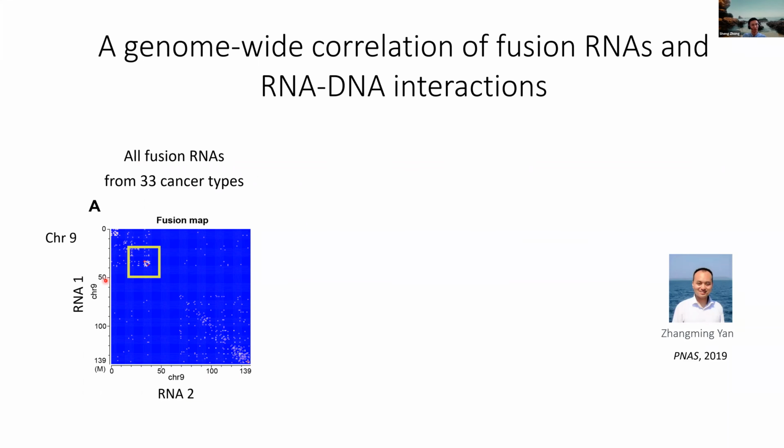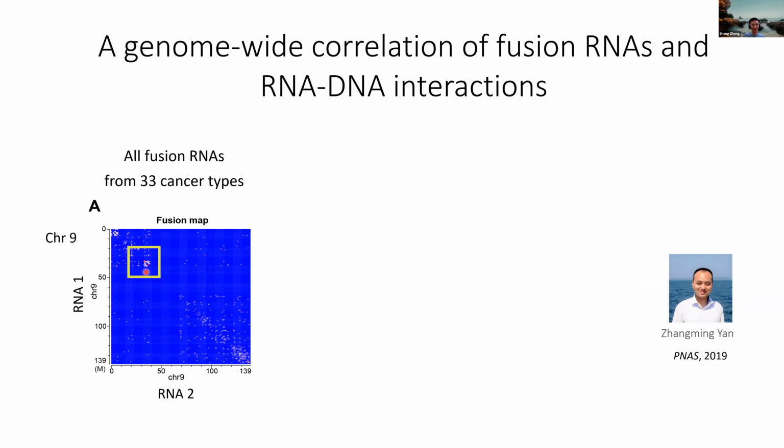And if we were to plot these RNAs onto the chromosomes with the x-axis representing one gene of the fusion, and the y-axis representing the other gene of the fusion, here is the entire chromosome line versus entire chromosome line.